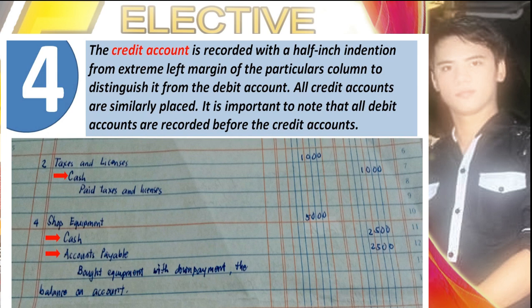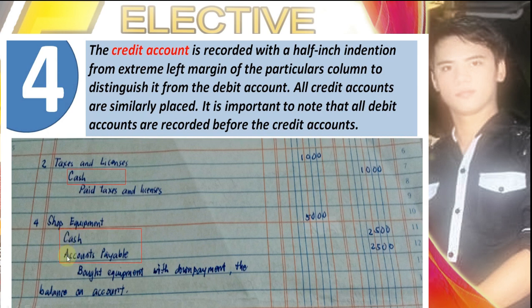Just estimate. So you noticed that these boxed in red are credit accounts, indented by half-inch. All credit accounts are similarly placed. So like this, we have 2 credit accounts here. How are they written? They are written aligned with each other.